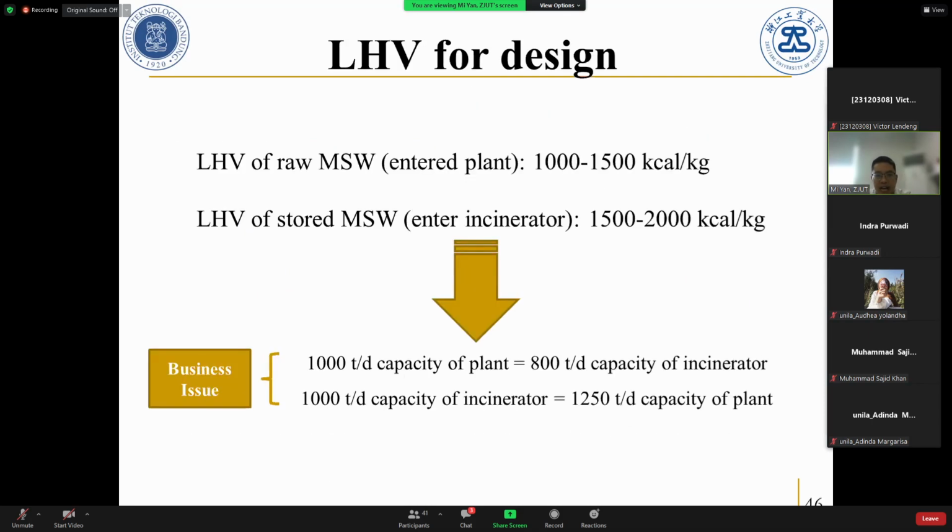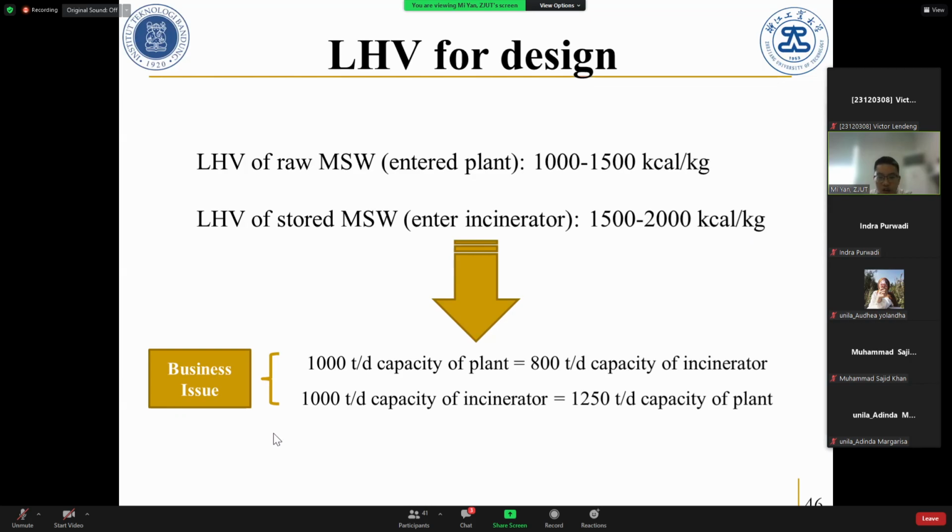So here I have some definitions you have to clearly understand. LHV of raw MSW in plants in China is roughly 1,000 to 1,500 kcal per kilogram. But for the design, they will do like this: LHV of stored MSW entering the incinerator will be roughly in the range of 1,500 to 2,000 kcal per kg.